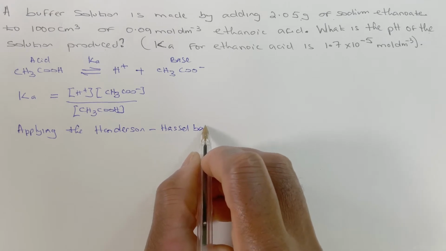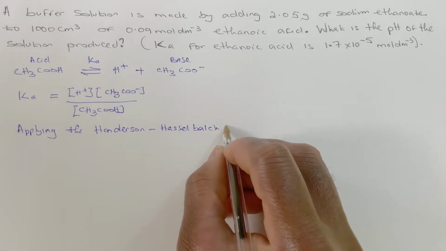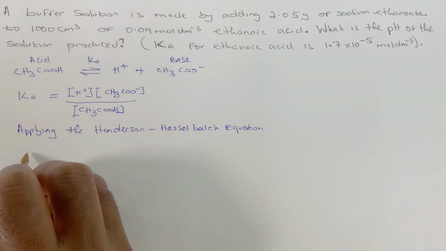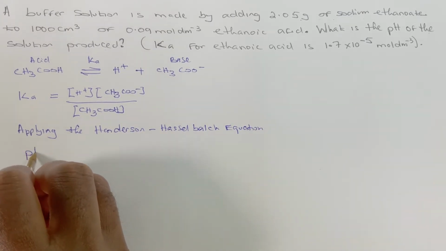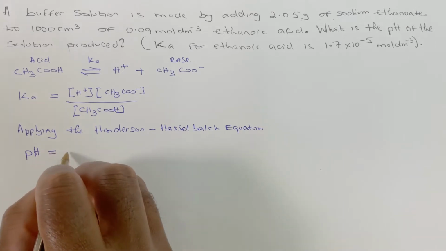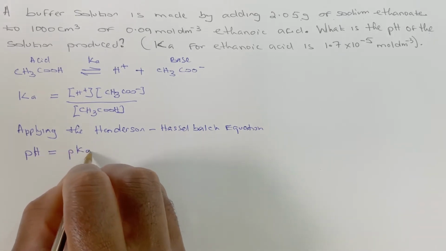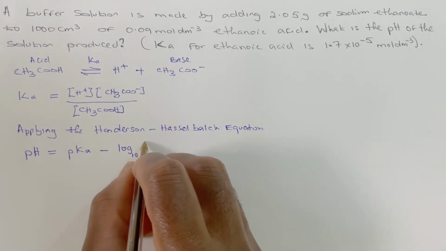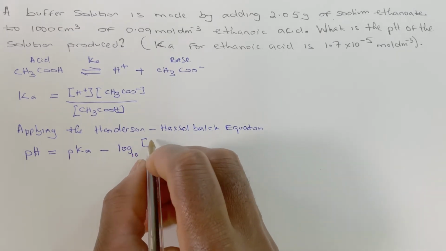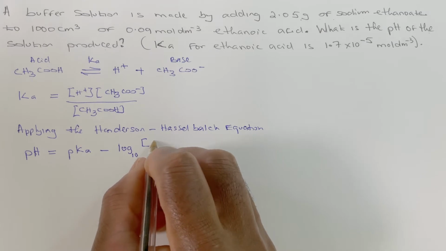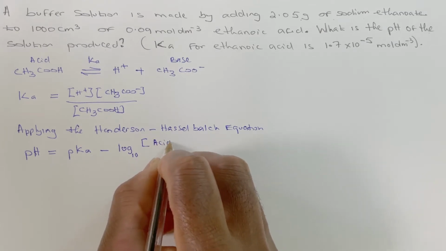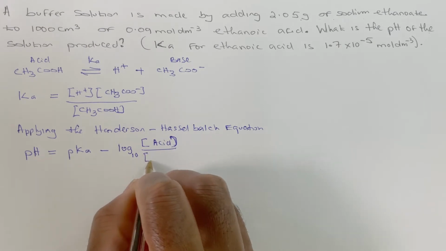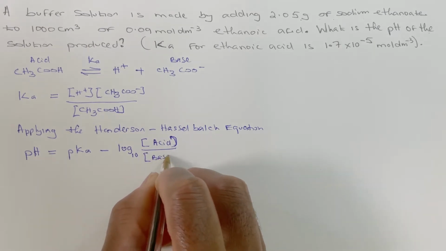the Henderson-Hasselbalch equation, and that states that pH is equal to pKa minus log base 10 of the concentration of the acid over the concentration of the base.